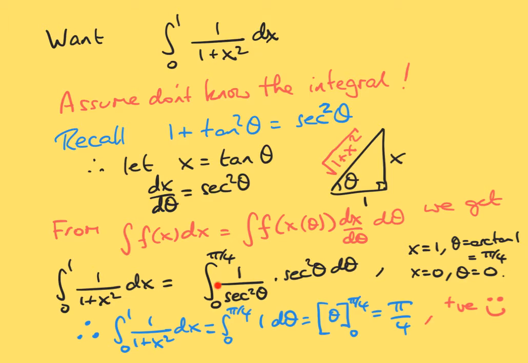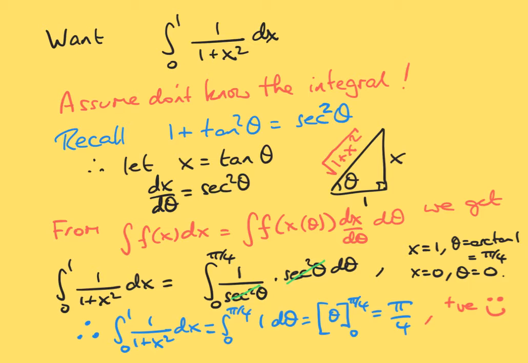So I could have just written here cosine squared of theta. That's the same thing. Either way, what we see is that these two things are going to cancel. So sec squared here and sec squared here will cancel, and we're going to have the integral of 1.